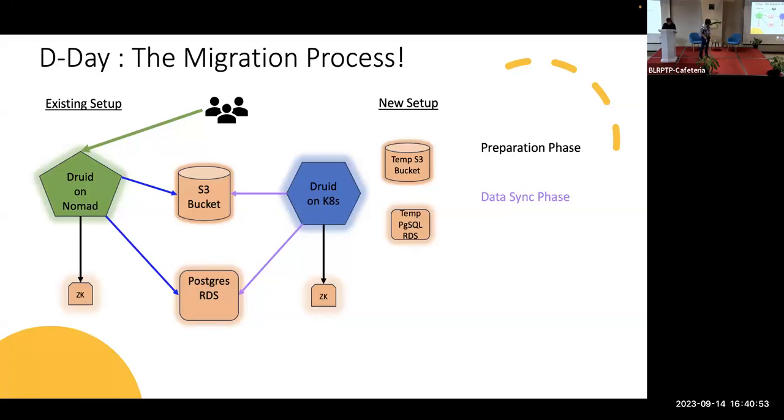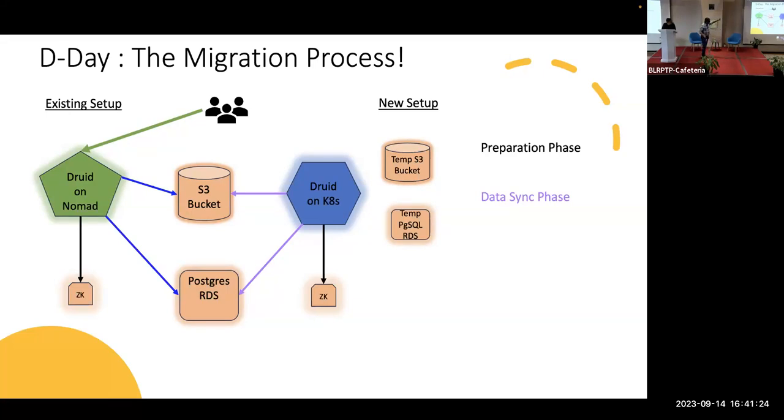So once you connect this Druid on Kubernetes, the coordinator will check the segment table in the metadata storage and check the segments. It will write that segment information into your ZK path, into the newer ZK which is deployed on Kubernetes.